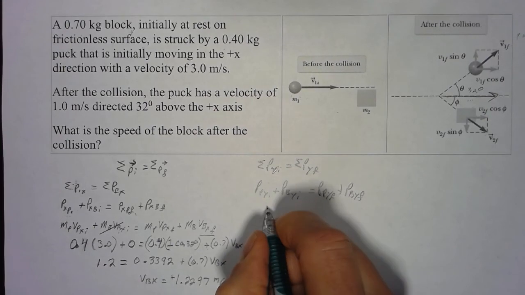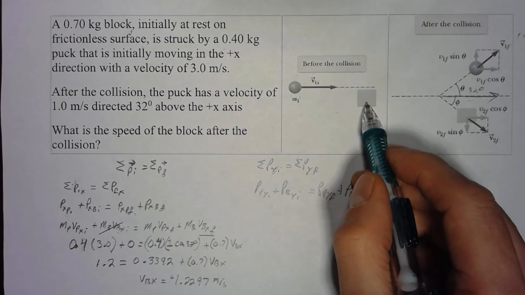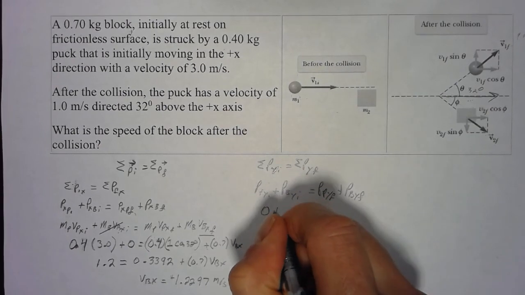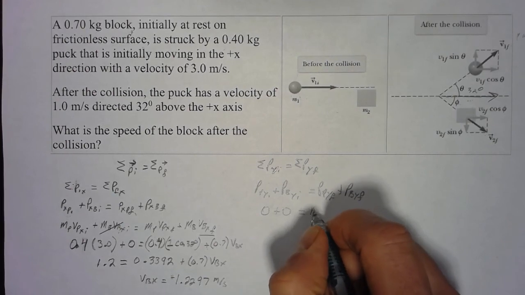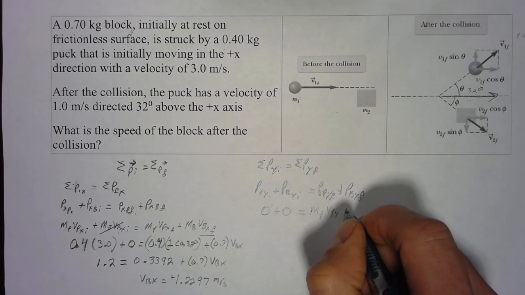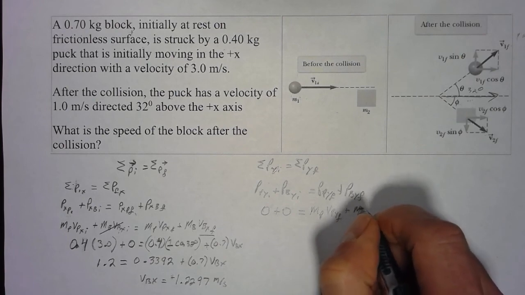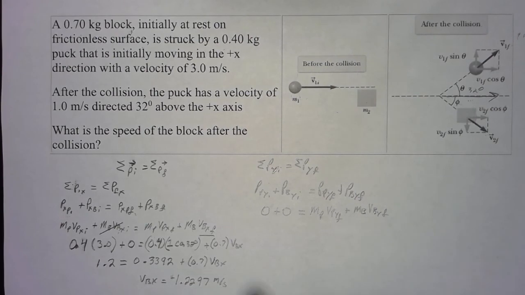These are both 0 because there's no Y motion here, and this isn't moving at all, so we're going to have a 0 plus a 0. And then in this case, we're going to have the mass of the puck, the velocity of the puck in the Y direction final, and the mass of the block, the velocity of the block in the Y direction final.